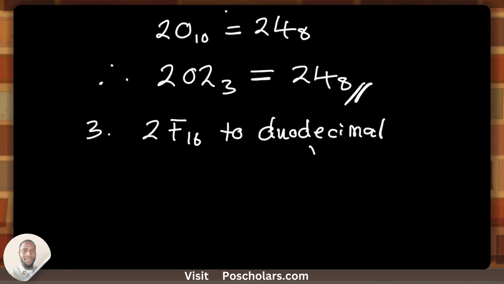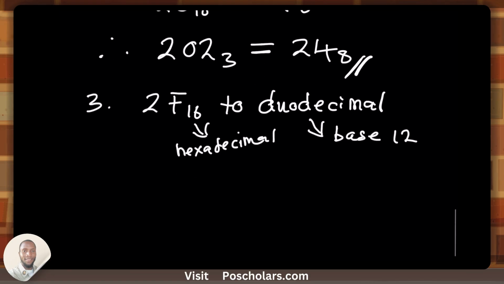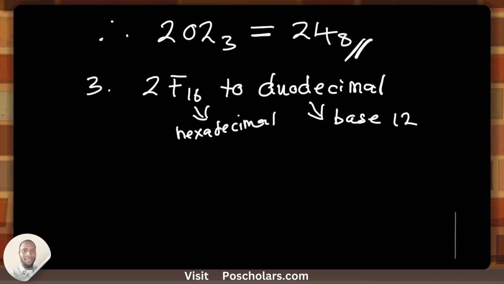By now, you should have been familiar that duodecimal is the same thing as base 12, while base 16 is the same thing as hexadecimal, right? Now, since we are working with base 16, if you want to count in base 16, it's simply 0, 1, 2, 3, 4, 5, 6, 7, 8, 9.